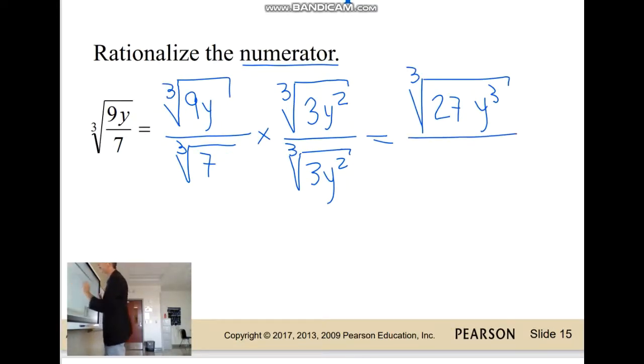Cube root over, and here on the bottom we're going to have cube root of 7 times 3 y squared. 7 times 3, 21 y squared.